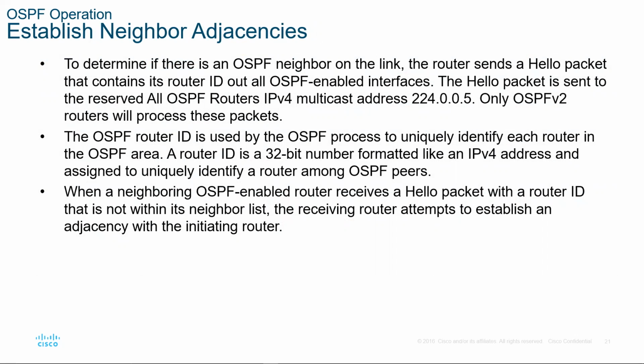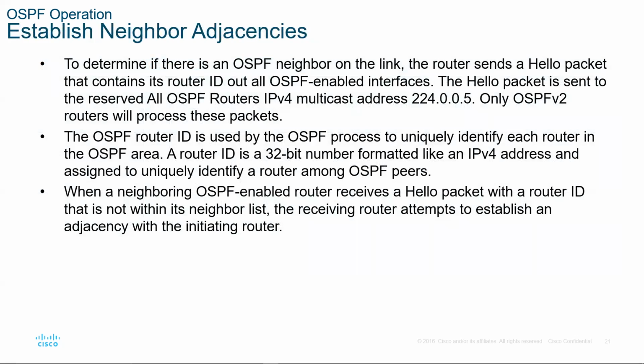So the router ID, this is a 32-bit number, basically exactly the same as an IPv4 address. This is used to identify each router or device running OSPF, and each device needs to be uniquely identified to build this neighbor relationship.